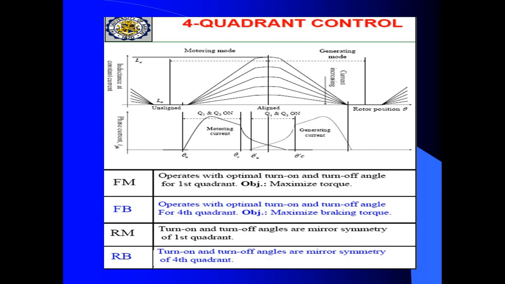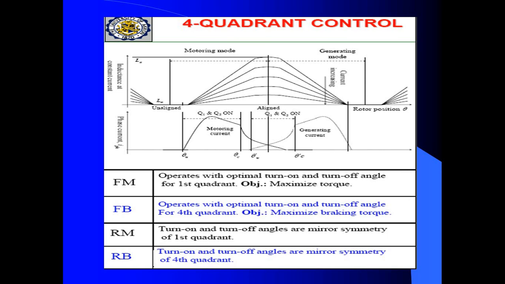The variations of magnitude, that means 0 to 0, and then generating current, Q1 and Q2 on, is variations of magnitude in the generating sources.